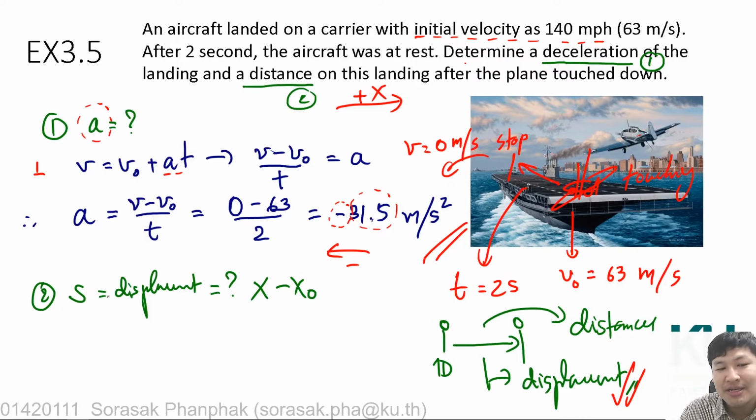Most of the equations are related to this, but if you pick one, try to use the final equation, equation 4. I will write it down like this. V squared equals V0 squared plus 2AS.